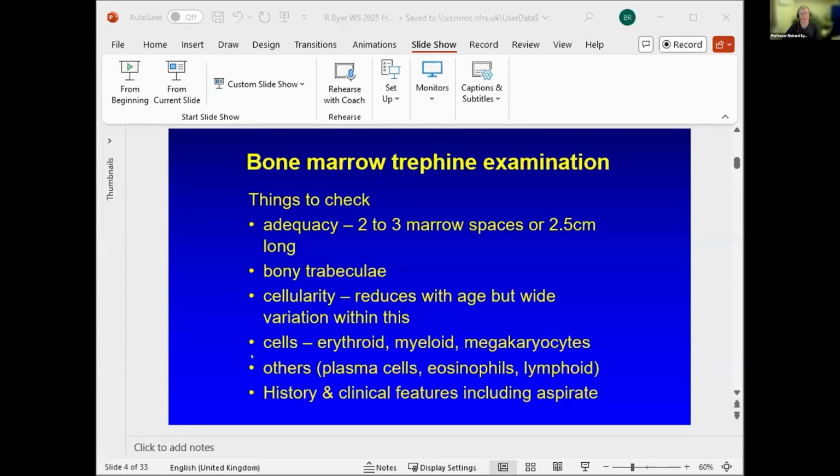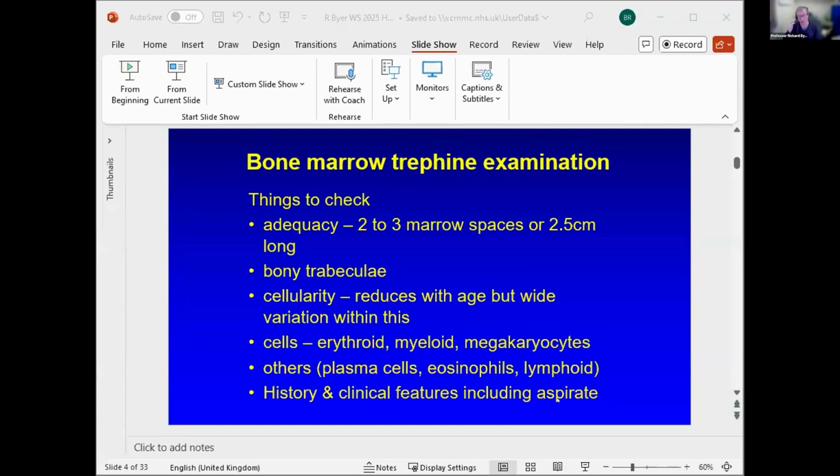So only once I've done all that, I look at the different lineages, the erythroid, the myeloid, and the megakaryocytic lineage, and then any other cells, specifically plasma cells, lymphoid cells, eosinophils. And the most important thing in all bone marrow pathology is what are the clinical features and what does the aspirate show. So in many instances, our job is redundant because the job's been done for us by the hematologists.